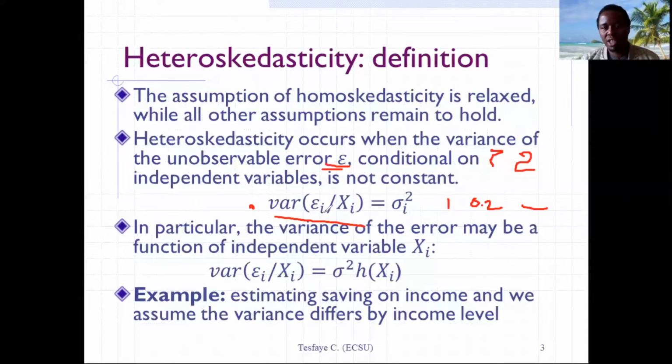heteroskedasticity. Here, heteroskedasticity is associated with one of the explanatory variables, that is X. The variance of the error term depends on X. So in particular, the variance of the error may be a function of the independent variable X. Alternatively, we can write it like this: the variance is just a constant variance times the function h of x.